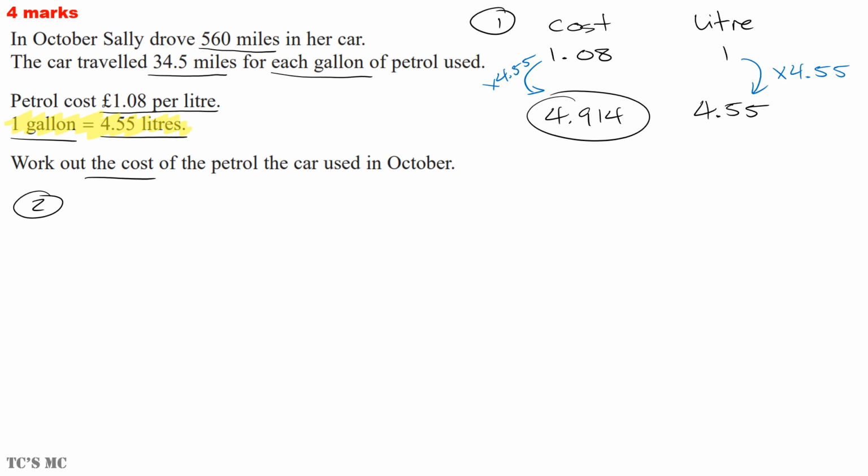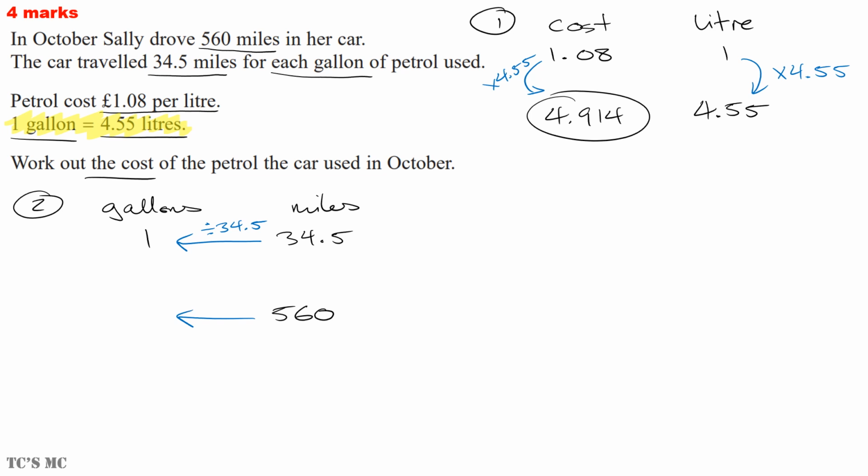Step 2, work out how many gallons are needed for the distance that Sally travelled. We know that 1 gallon will take us 34.5 miles. However, Sally travelled 560 miles. If we go from miles to gallons, we need to divide by 34.5.